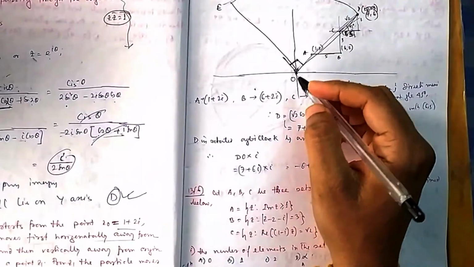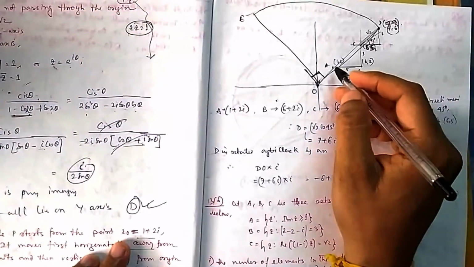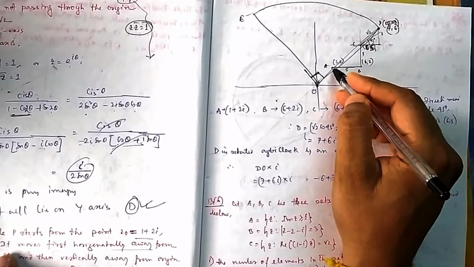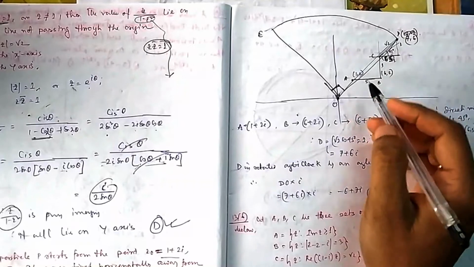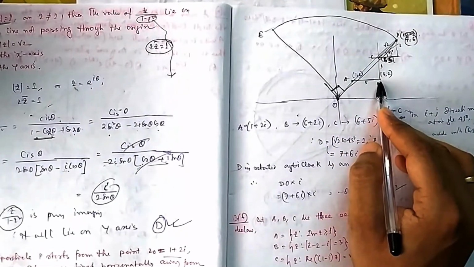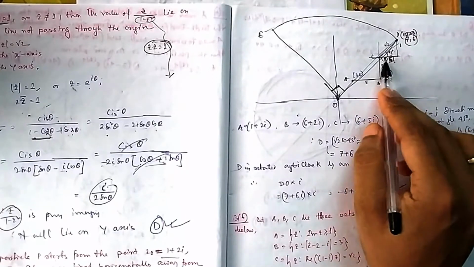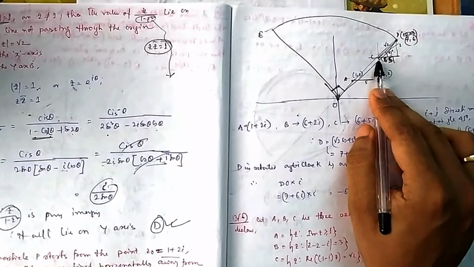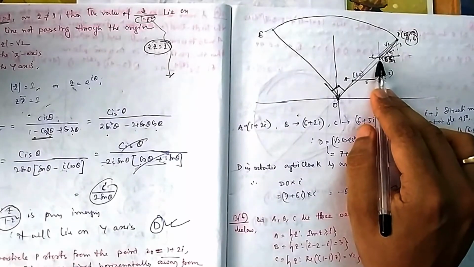So let's see. You start from origin. You can see this is your point 1, 2. So this is the first point at 1, 2. Okay. Then it moves first horizontally away from 5 units. So you move 5 units. So 1 plus 5, 6, 2. Then vertically from the origin 3 units, so it will be 6, 5. Then from Z1, this point is Z1.